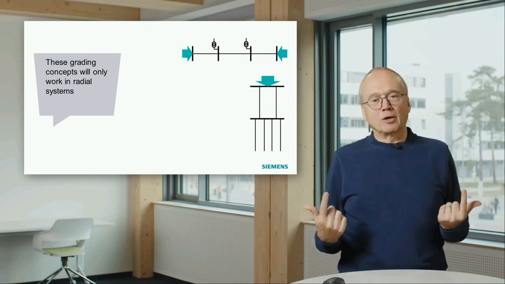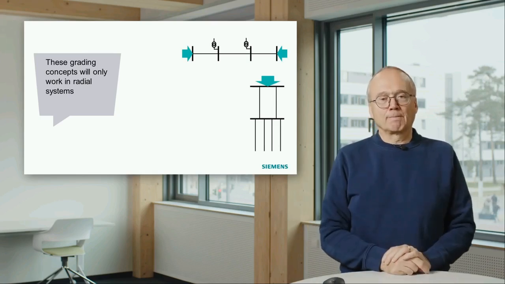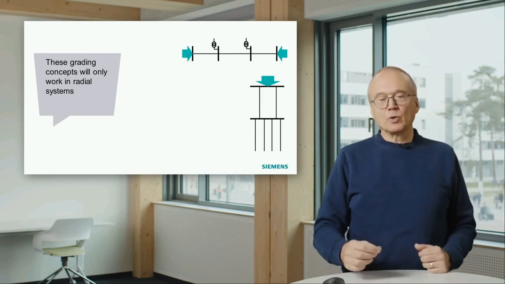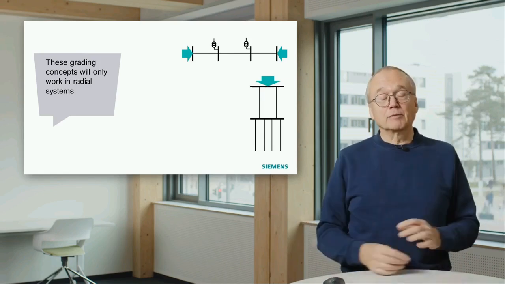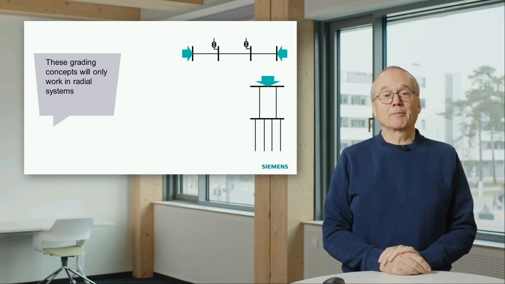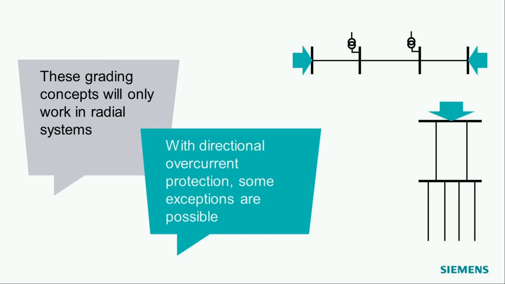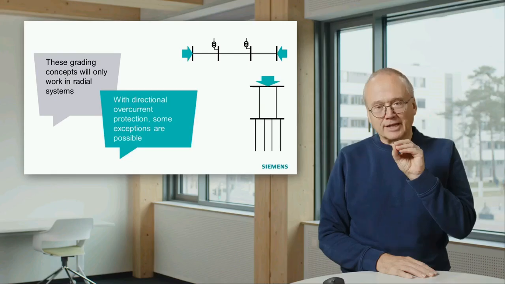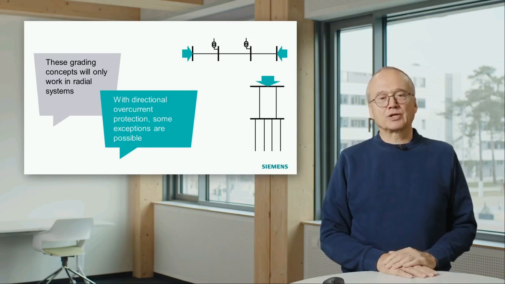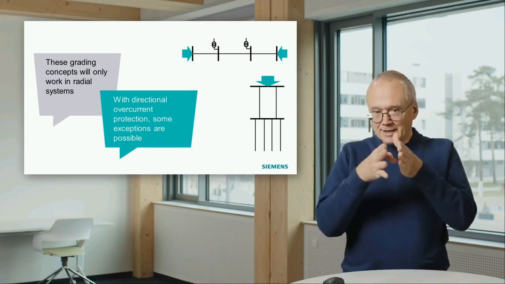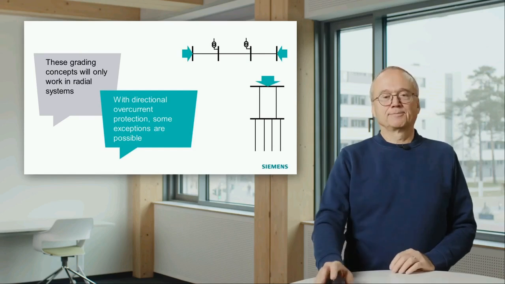You have to think about, does that affect your protection system somehow? What can we do in these situations? Of course, you can apply distance protection to overcome that situation, but there is an easier solution for that. And this easier solution is using directional overcurrent protection in these particular cases.